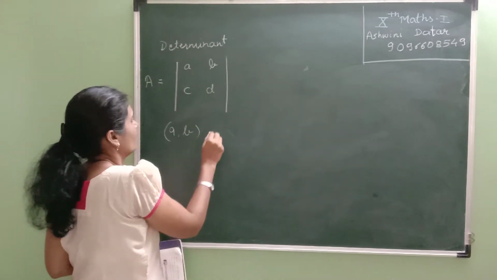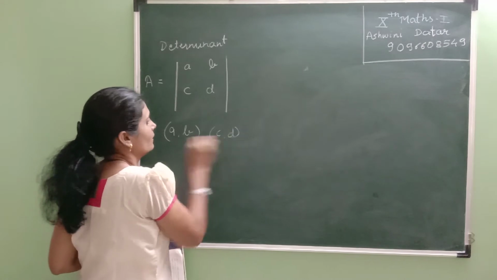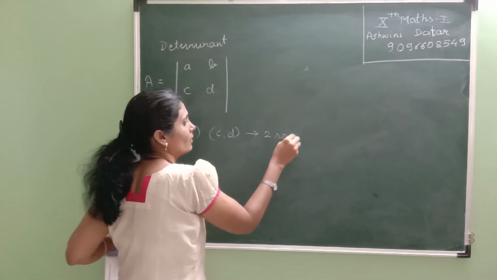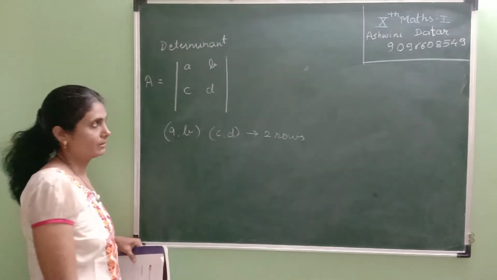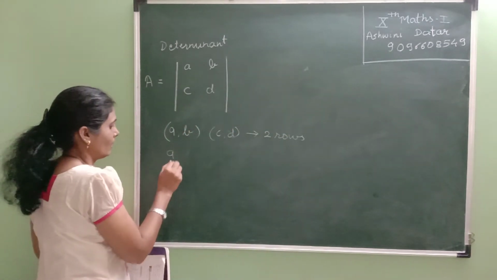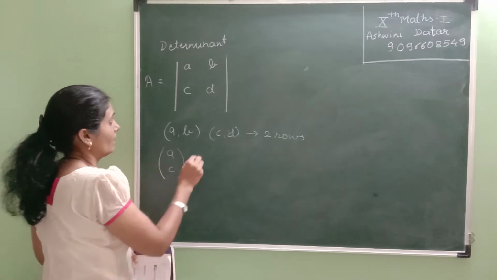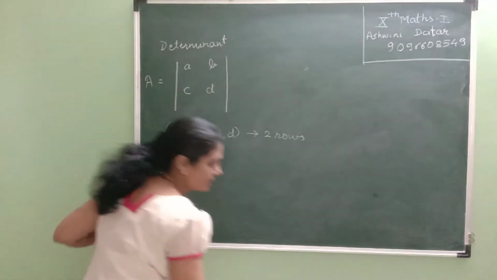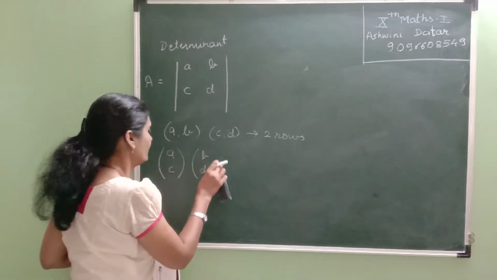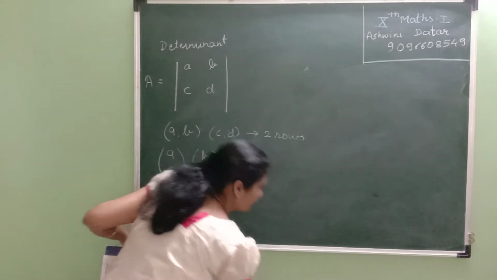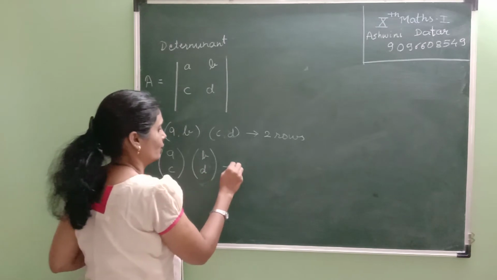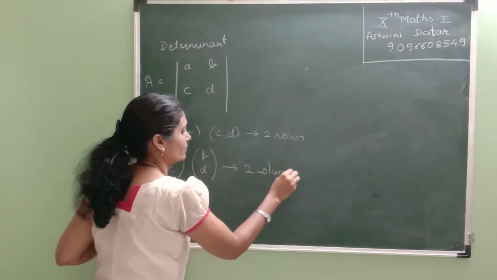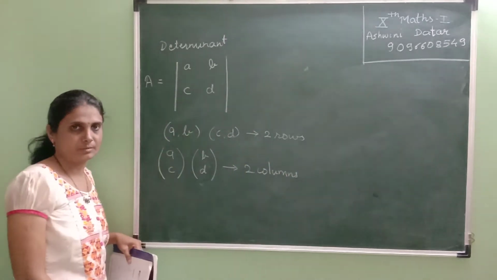Now A B and C D, these are two rows of the determinant. And A C and B D are two columns of this determinant.